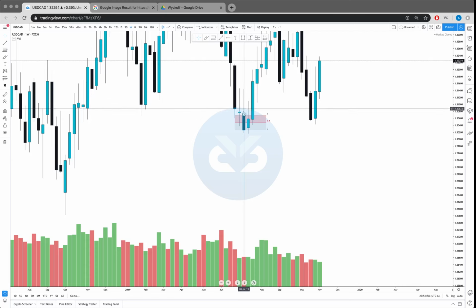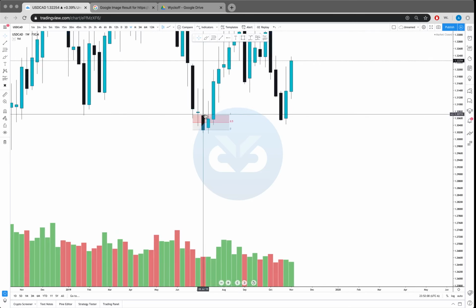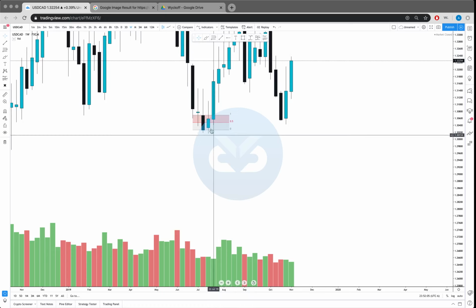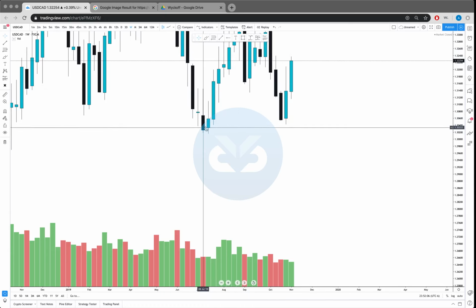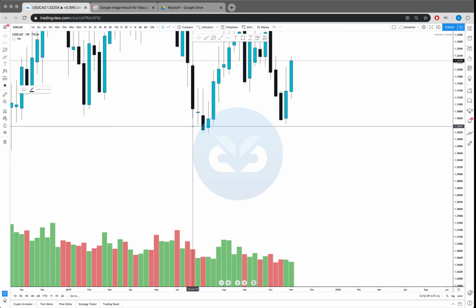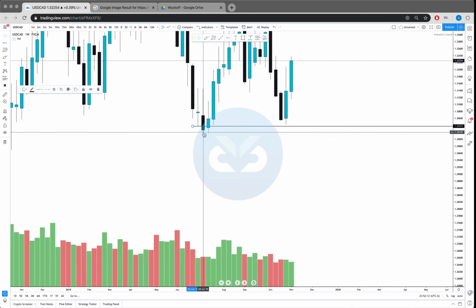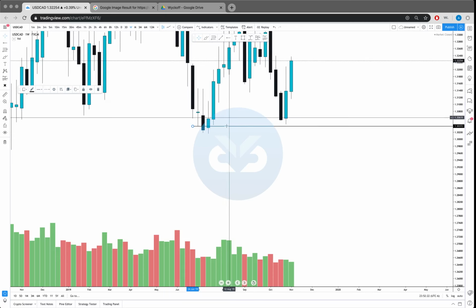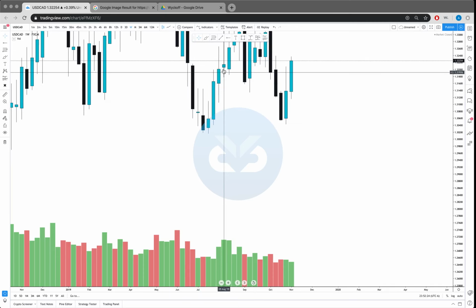Notice how this candle is the last down move before the upside move, but also notice how this candle took out that previous week's liquidity point right there. Notice how this bearish move took out liquidity and then gave us the real rise. So that shows that there's some sort of order back there, etc., etc.